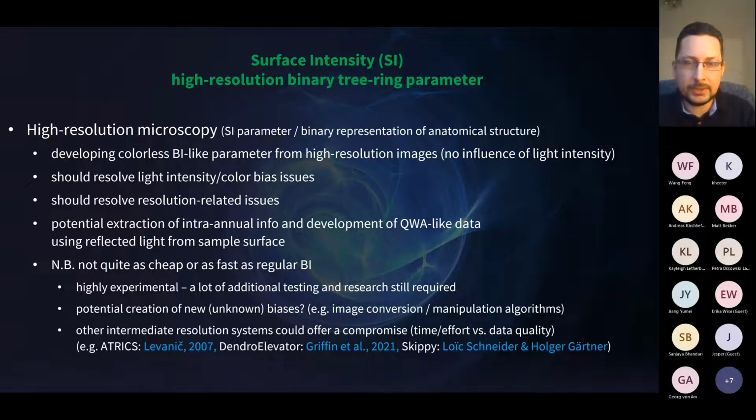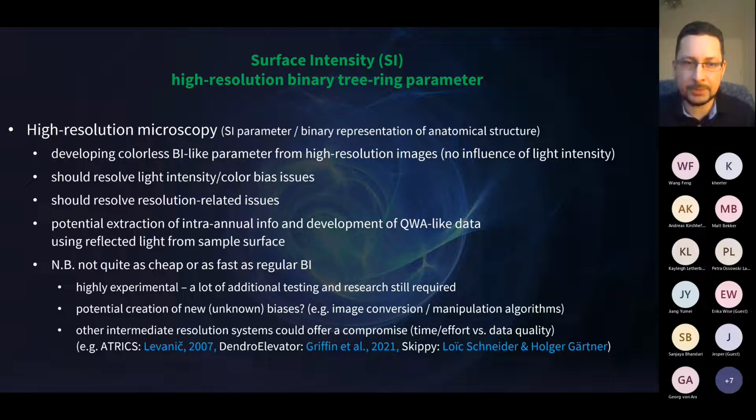And we had a few discussions about how the images are awesome and we can do a lot with them, but at the moment it does take quite a lot of time. Other systems could maybe generate similar data, or images with lower resolution but sufficient for surface intensity measurements.